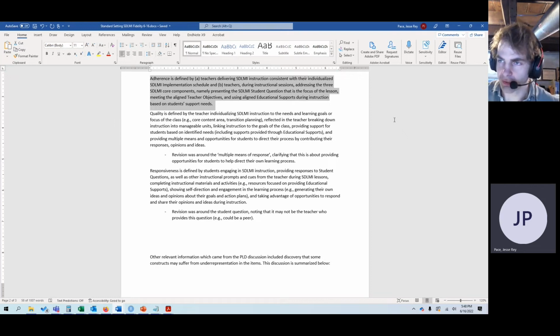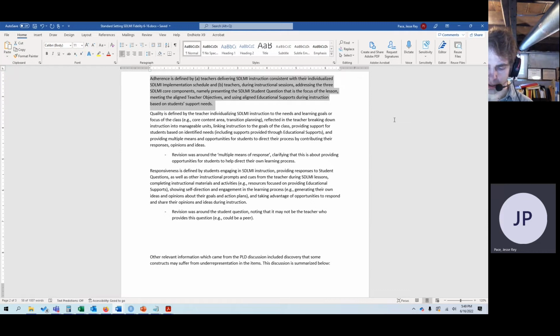I'll go ahead and read it aloud: adherence is defined by A, teachers delivering SDLMI instruction consistent with their individualized SDLMI implementation schedule, and B, teachers during instructional sessions addressing the 3 SDLMI core components, namely presenting the SDLMI student question that is the focus of the lesson, meeting the aligned teacher objectives, and using aligned educational supports during instruction based on student support needs.